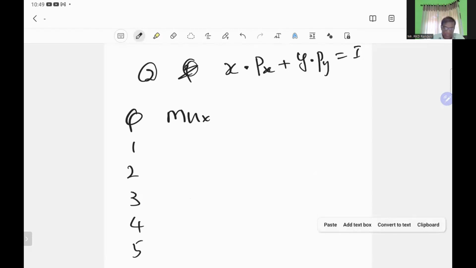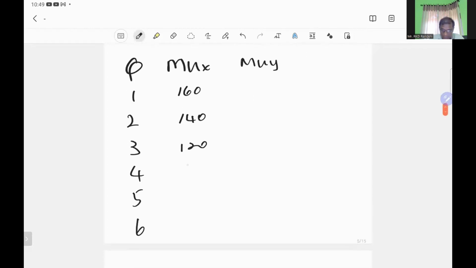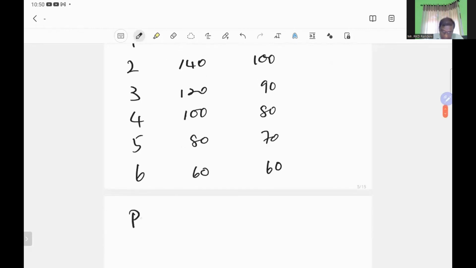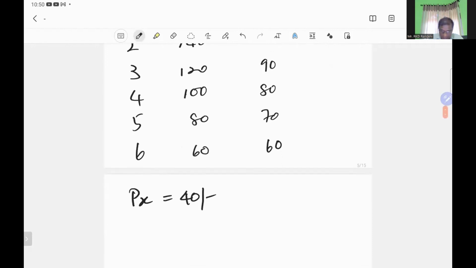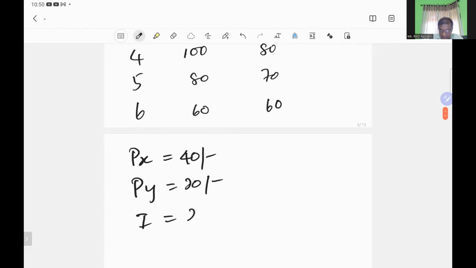MUX: 160, 140, 120, 100, 80, 60. MUY: 110, 100, 90, 80, 70, 60. It is given. And the price of X is 40 rupees. The price of Y is 20 rupees. The consumer income is equal to 240.